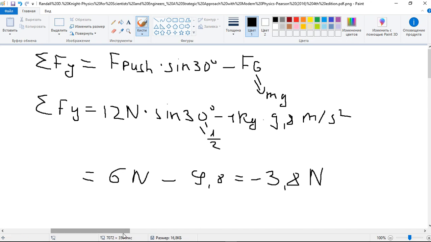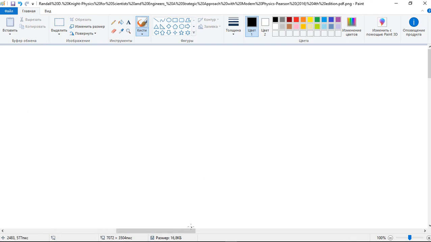Since the net force acting on the wood block is negative, the block will not move. And so the acceleration of the block is zero. The static friction will prevent the block from moving, and it becomes plus 3.8 Newton.